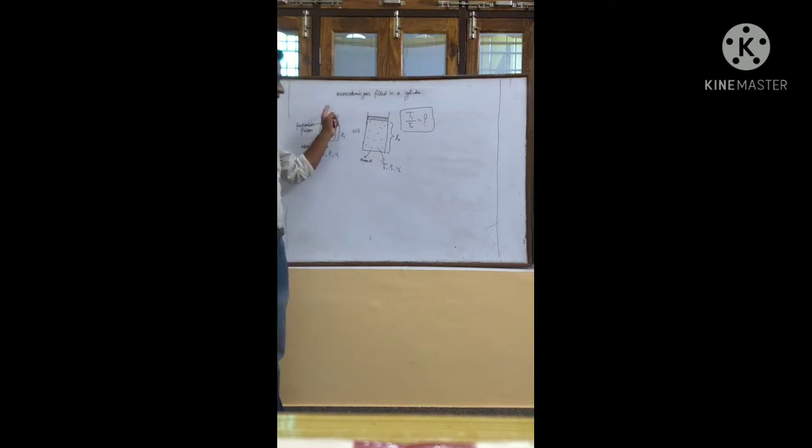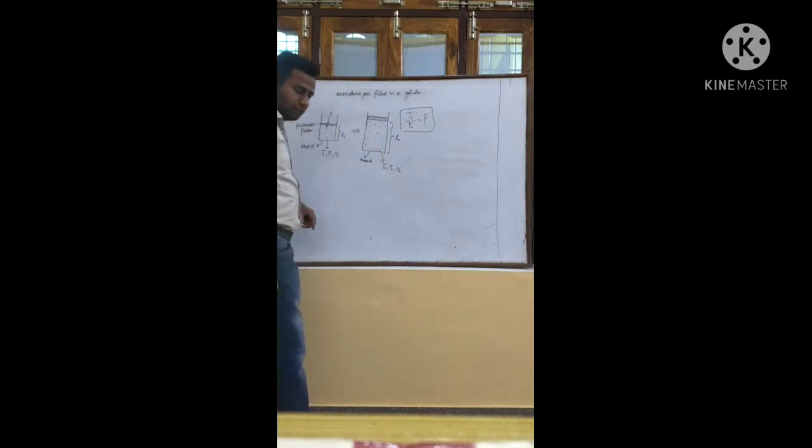By removing this force, this gas will expand. With the help of common sense, you can understand. If you remove this force F, obviously this gas will expand. So when this gas expands, it reaches a new height L2.